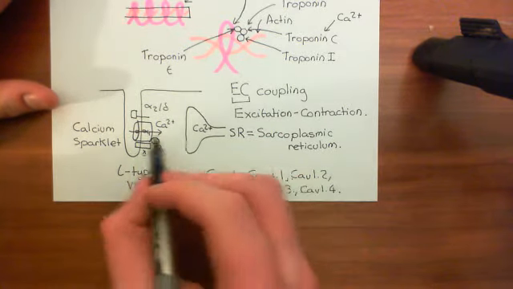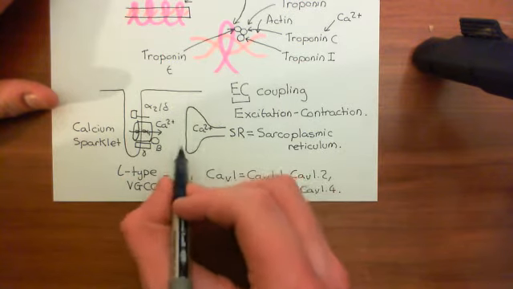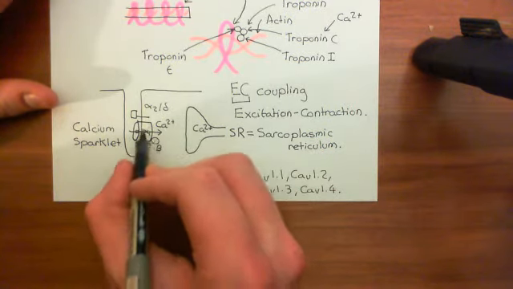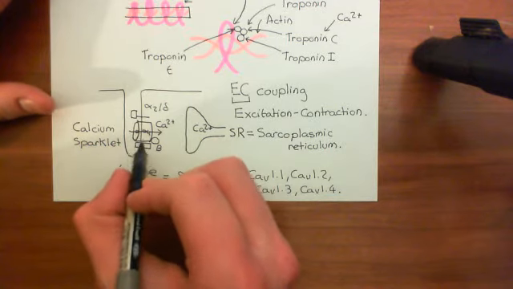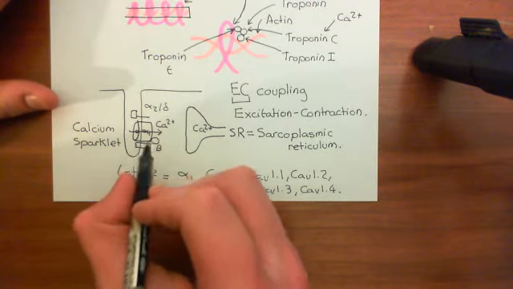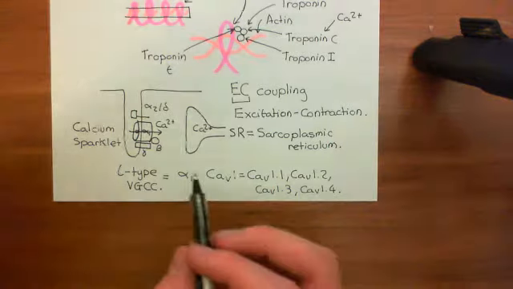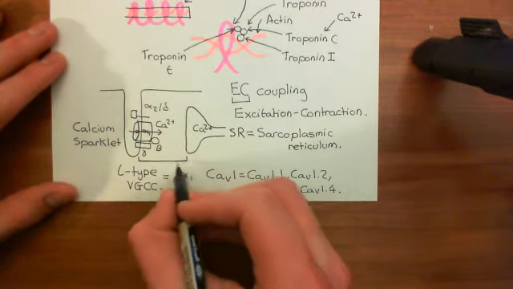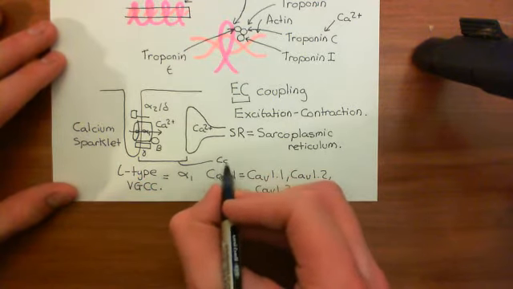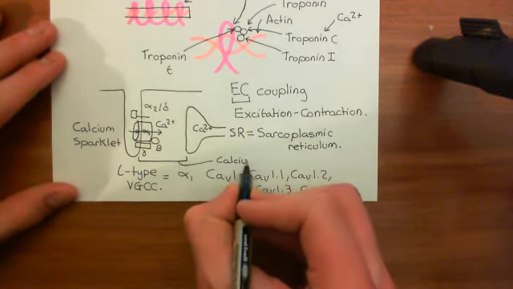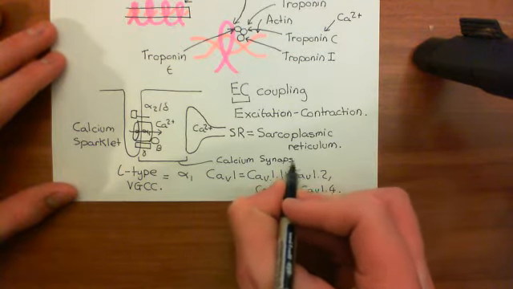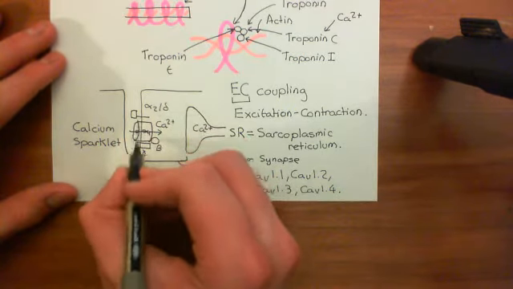Basically, you will have a little process of the sarcoplasmic reticulum that will face onto the portion of the membrane where you have these L-type voltage-gated calcium channels. And this forms a structure that is starting to be referred to as a calcium synapse, because this is like the presynaptic membrane.